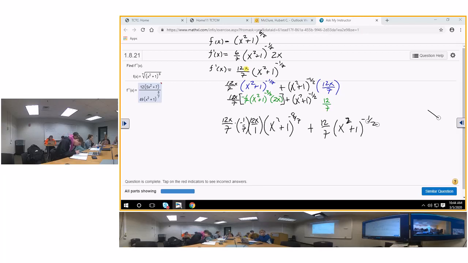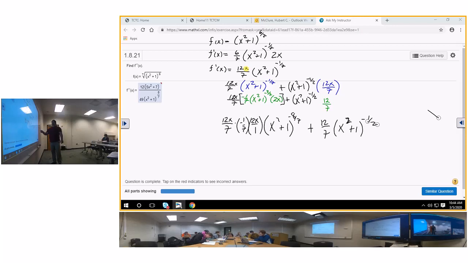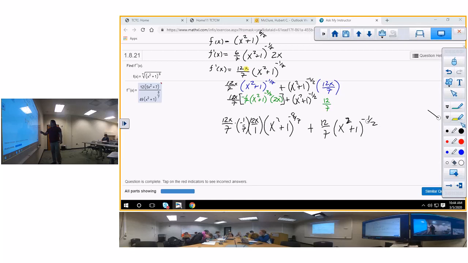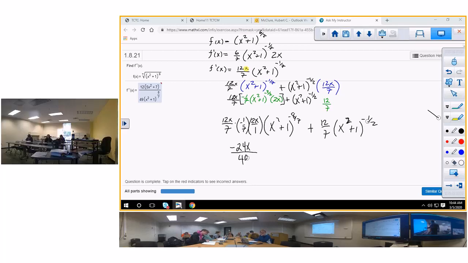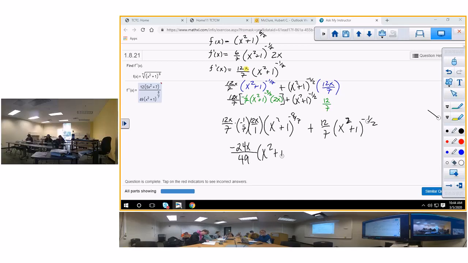So I get 12x times 2x. So what is that? Negative 24x. Somebody check me. That's going to be negative 24x over 49 times x squared plus 1 to the negative 8/7 plus 12 over 7 times x squared plus 1 to the negative 1/2. I still don't have a clue where they got that 5x squared plus 7.